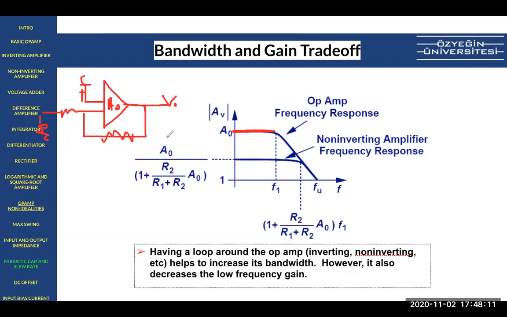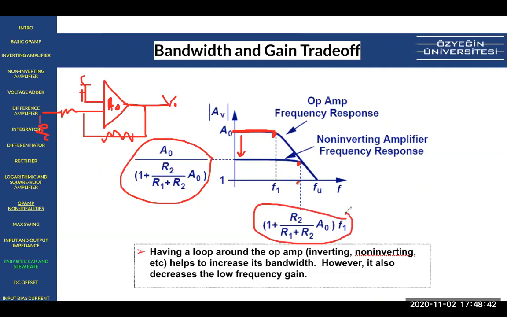So due to this feedback, now you have this gain, okay? And hey, I drop my gain from A0 to A0 over this, like this much. And actually that enables you to boost your cutoff frequency from F1 to another frequency, which is this.